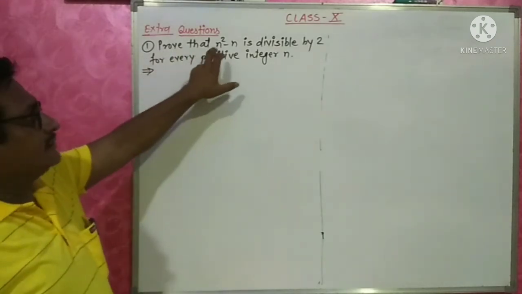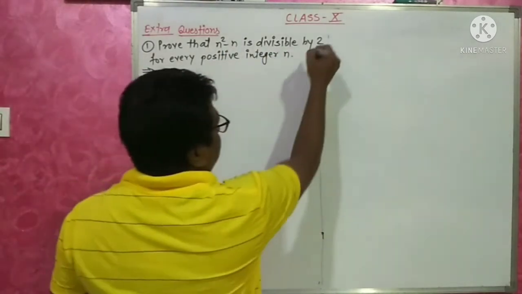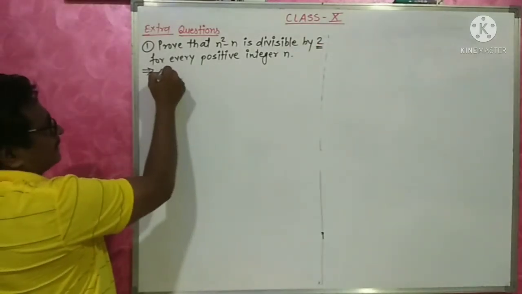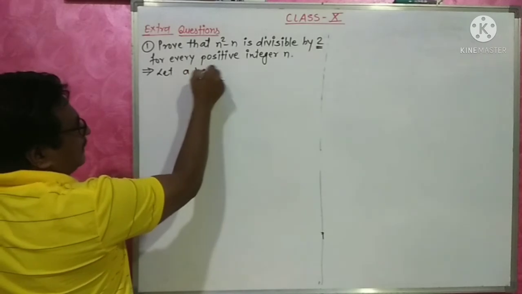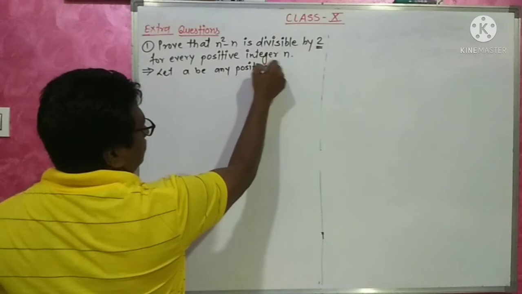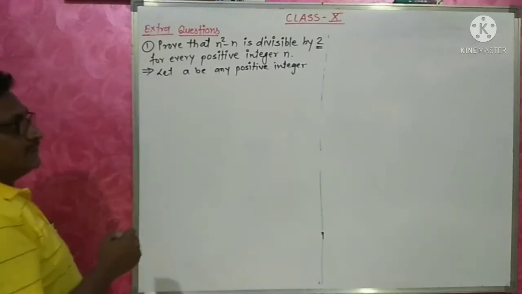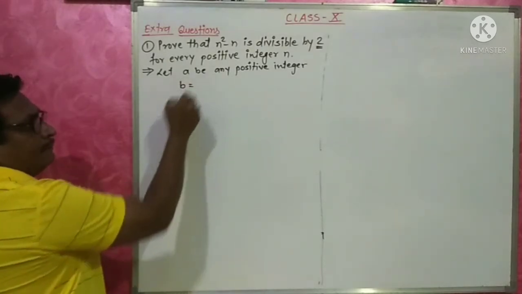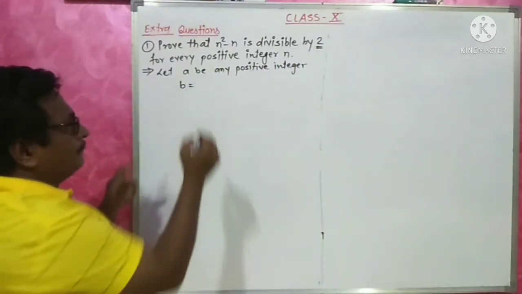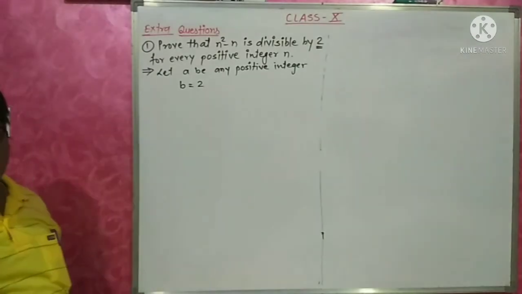Prove that n square minus n is divisible by 2 for every positive integer n. So here let a be any positive integer. What is the value of b? b is whatever we are given as the divisor. Here divisible by 2 means b is 2.